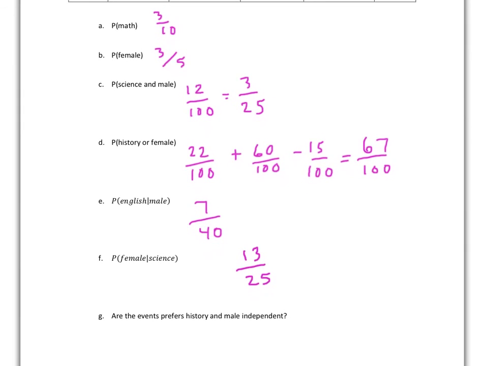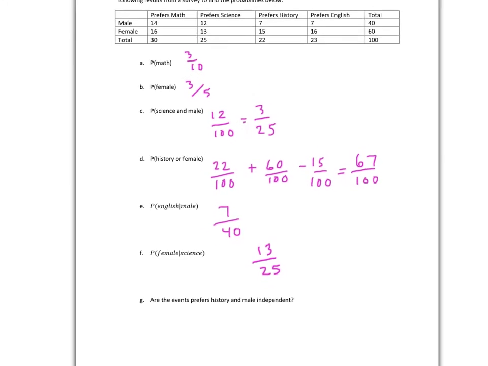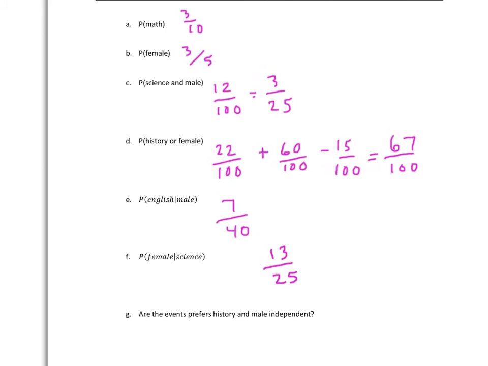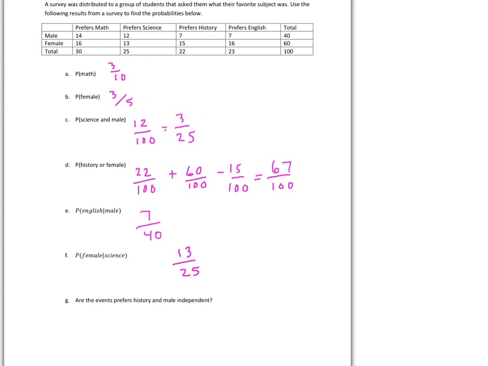Are the events prefers history and male independent? We'll say that history can be event A, and male can be event B. The probability that a student prefers history is 22 over 100.